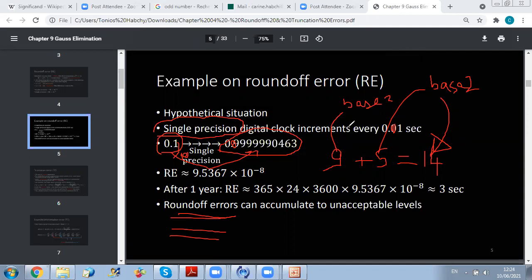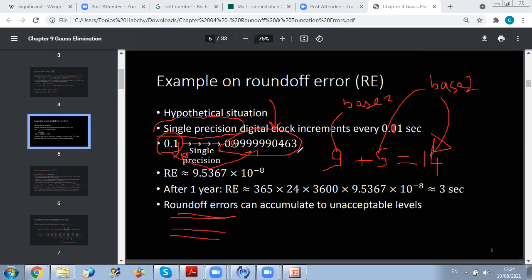Here, for example, there is no error because it's a finite number in both bases, base 10 and base 2. However, 0.1, which is a rational number in decimal base, when I go to binary base and then transform it back to decimal base, I will get an irrational number.